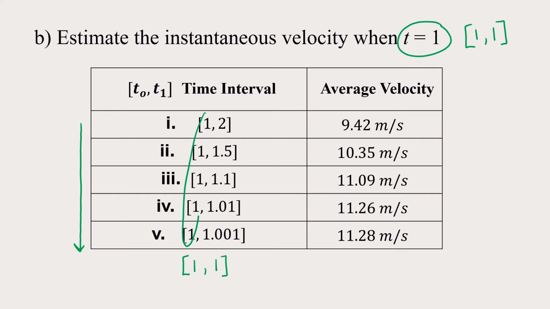This t0, this first time, is staying 1, and then this t1 is getting closer and closer to 1. And what we're interested in is, as we're getting closer and closer to that point t equals 1, what's happening to the average velocity?